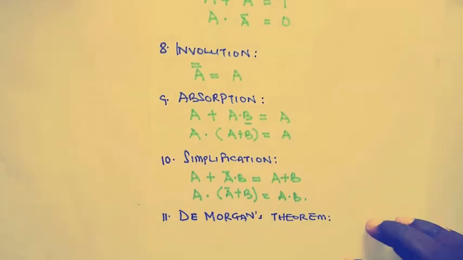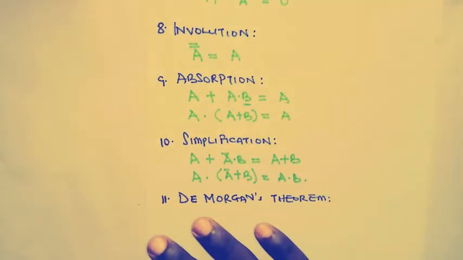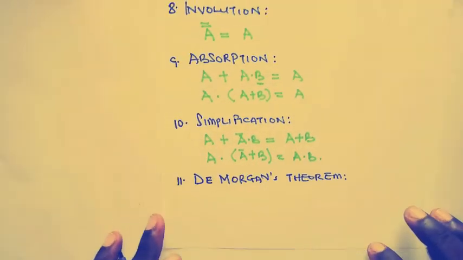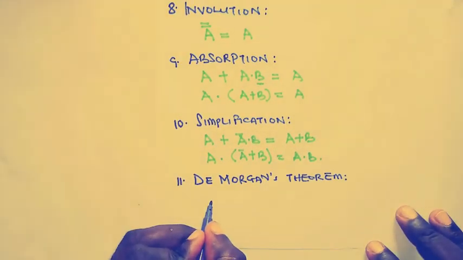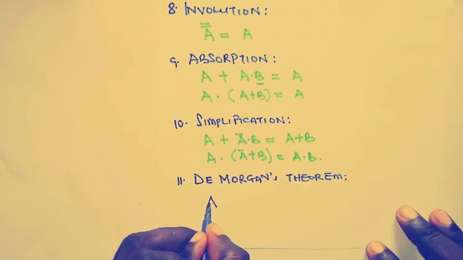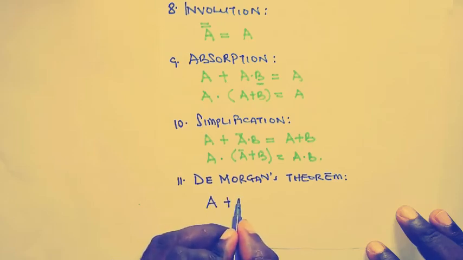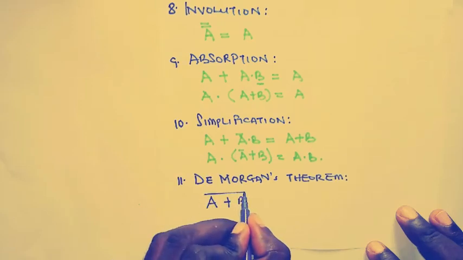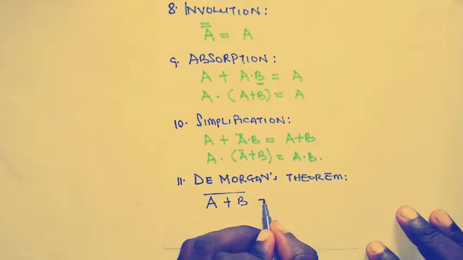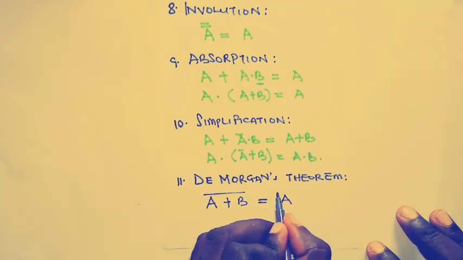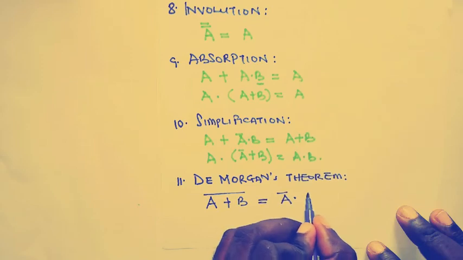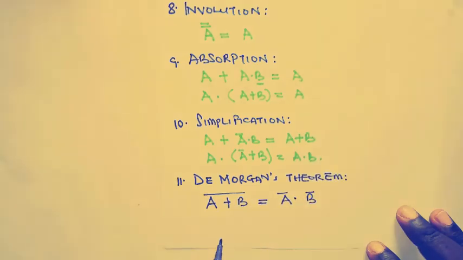De Morgan's theorem states that (A plus B) all bar is the same thing as A bar dot B bar.